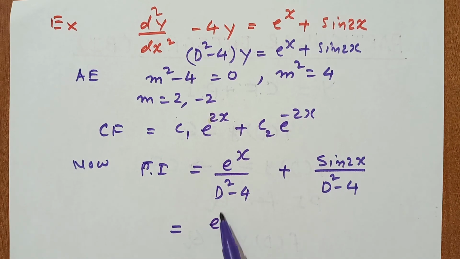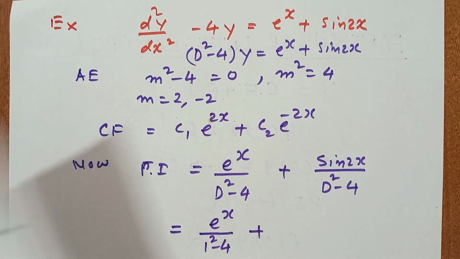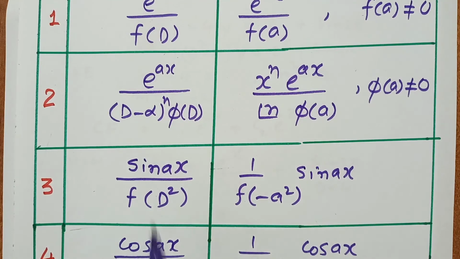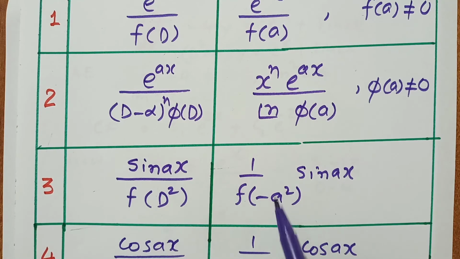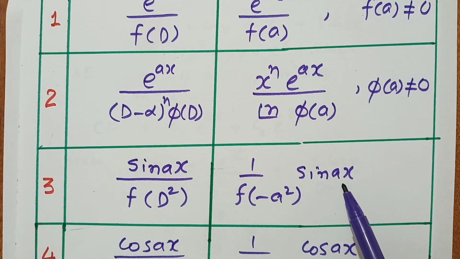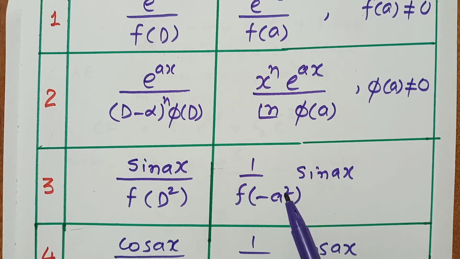So e to the power ax, what is a? a is 1. So 1 square minus 4, plus sine ax upon D square minus a square. If we put here sine ax upon f(D squared), it is 1 upon f(minus a square) sine ax, but this formula we use when f(minus a square) is not equal to 0.